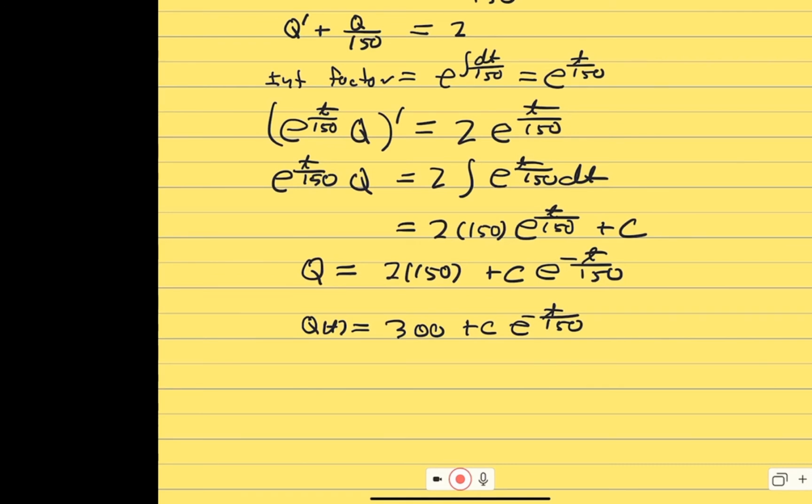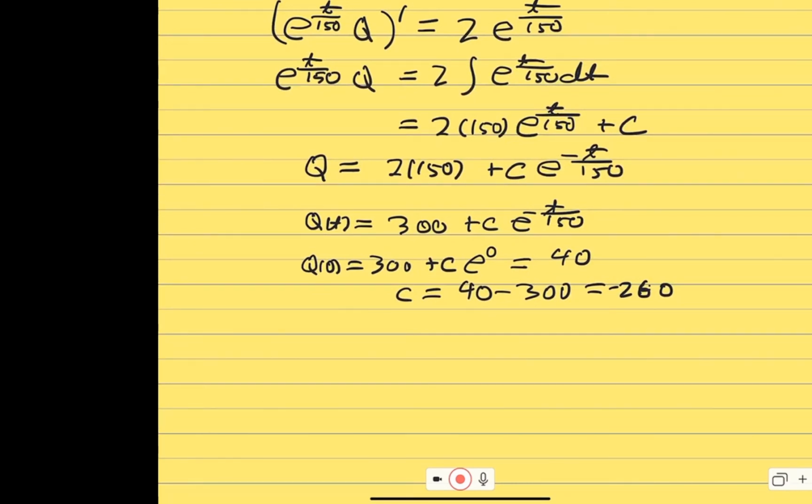And to get the constant, Q of 0 is 300 plus C times e to the 0, which is just 1, is 40. So C is going to be 40 minus 300, which is minus 260, I guess.